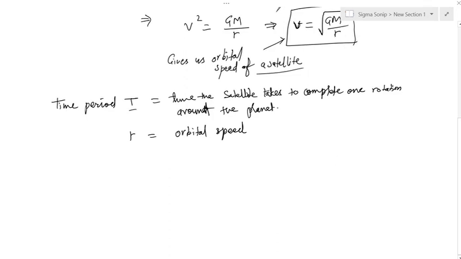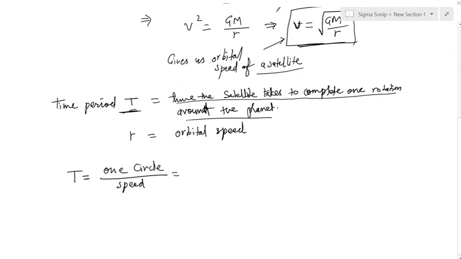We can start with the equation for t. We know that t is equal to one circumference divided by the speed. So the time taken to complete one revolution is one circle divided by speed.